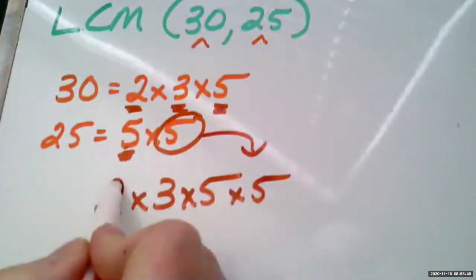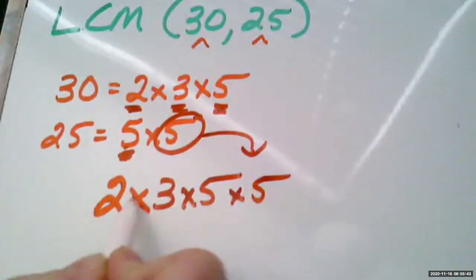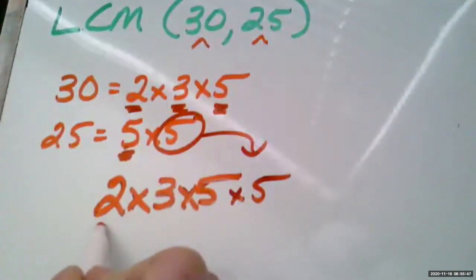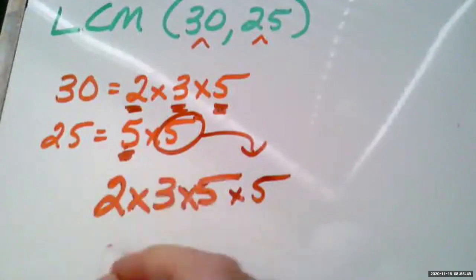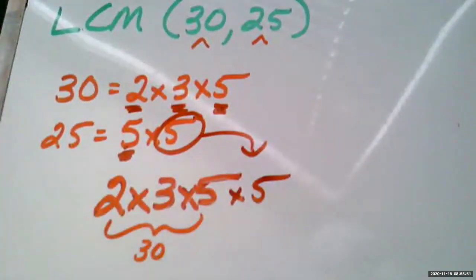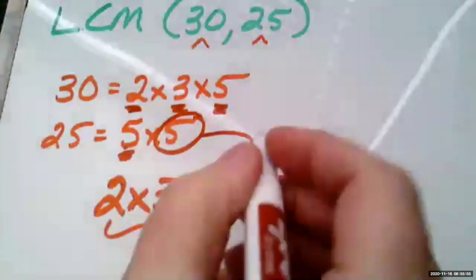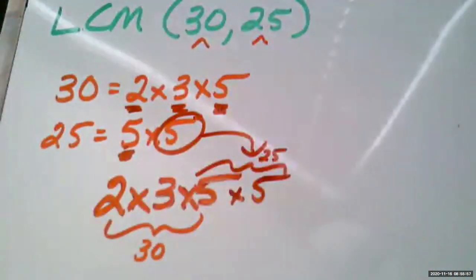Now you could look at this and say, here's 2 times 3 times 5, that represents 30. And I also have 5 times 5 up here, which is representative of the 25.